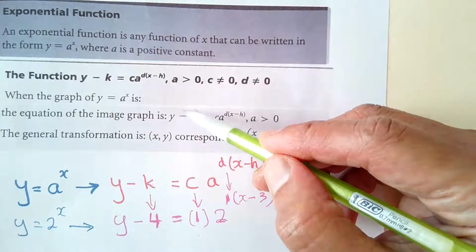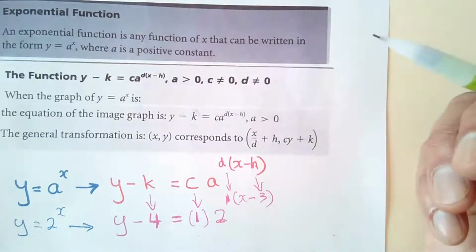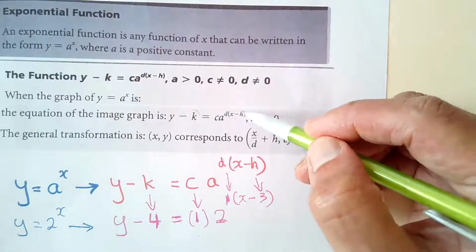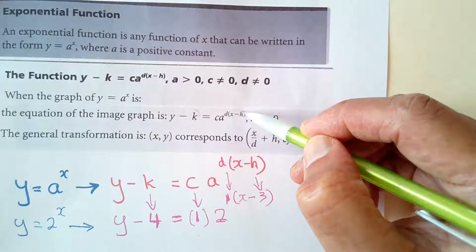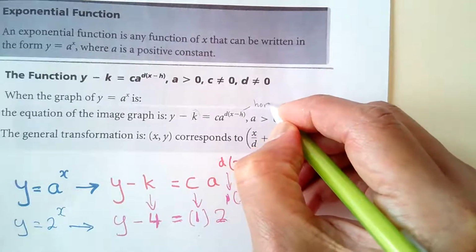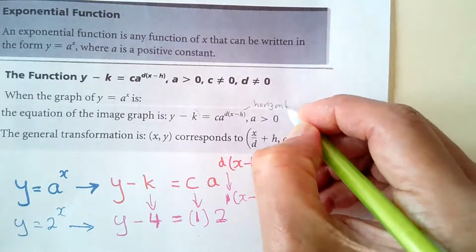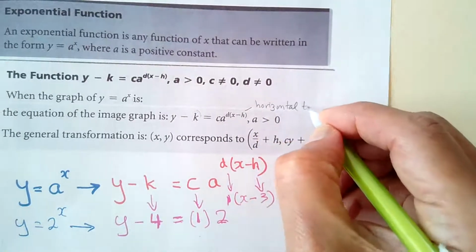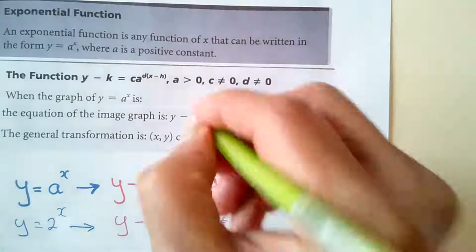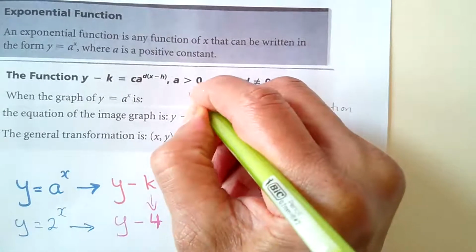If it's plus here, that means it's going down by that number of units. The horizontal translation is through h. So if we were to write this out, this is your horizontal translation. This would be your vertical translation.